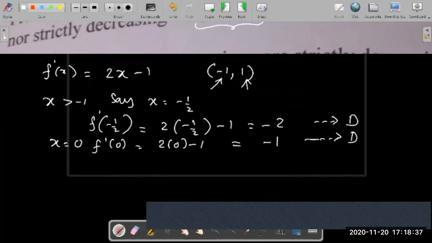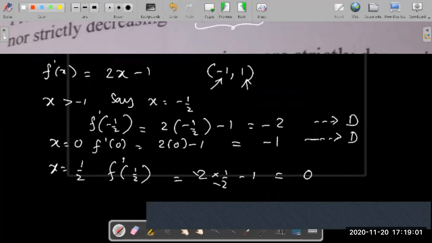Then we try to give something less than 1, and I'll say x equal to half. So f dash half equal to 2 into half minus 1. 2 into half gets cancelled, so 1 minus 1, which is 0.